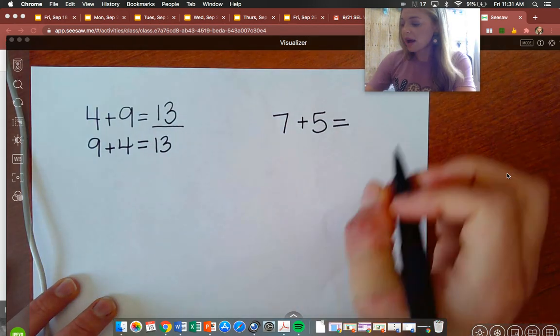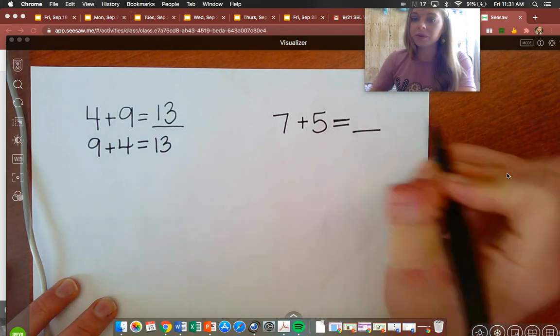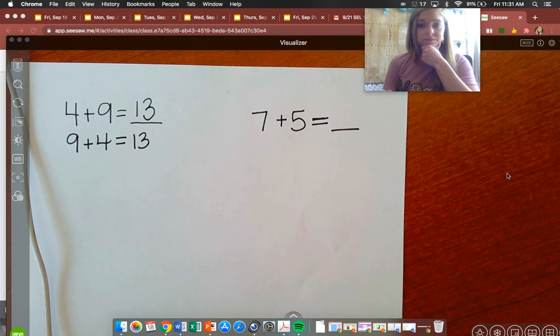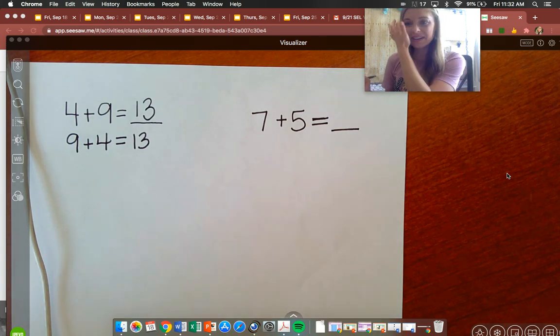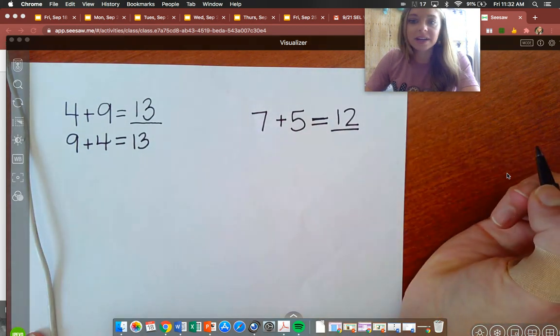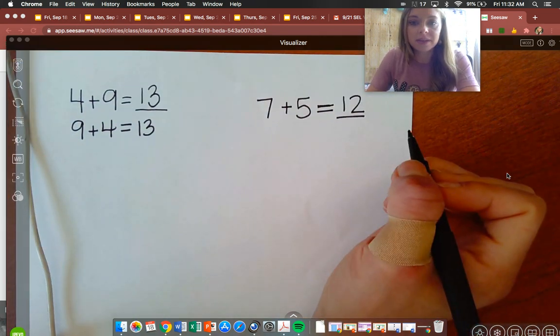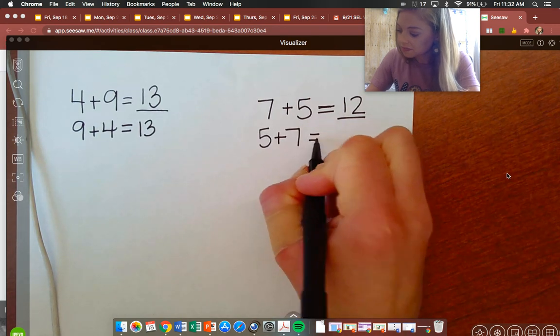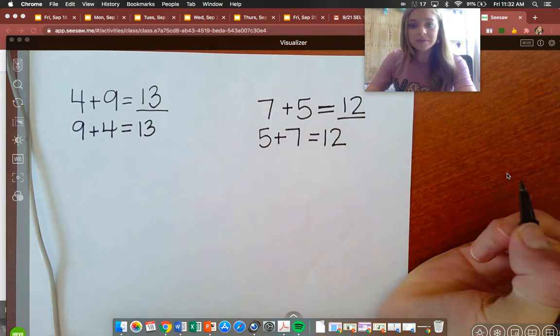So go ahead in your mind and figure out what 7 plus 5 equals. And if you're thinking 12, you are correct. So I'm going to write 12. Now the related fact for that would be 5 plus 7. And that also equals 12.